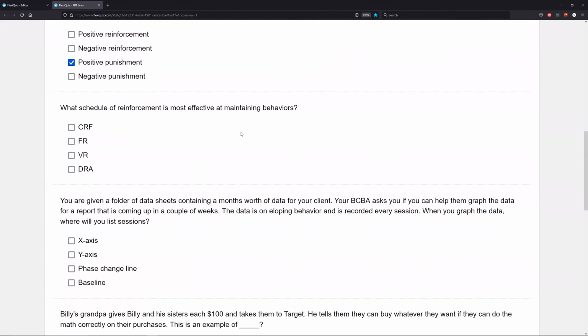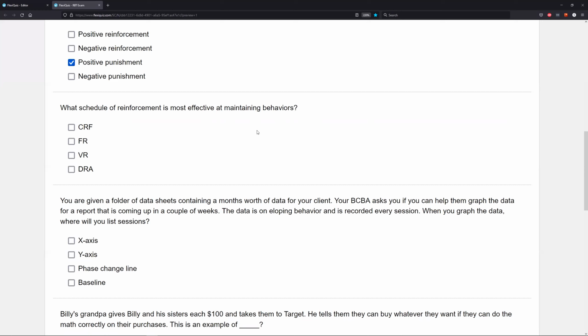What schedule of reinforcement is most effective at maintaining behaviors? What do we mean by maintaining behaviors? Well, we mean skills and behaviors that are already taught. Teaching is no longer occurring, but we still want that behavior to be able to happen.